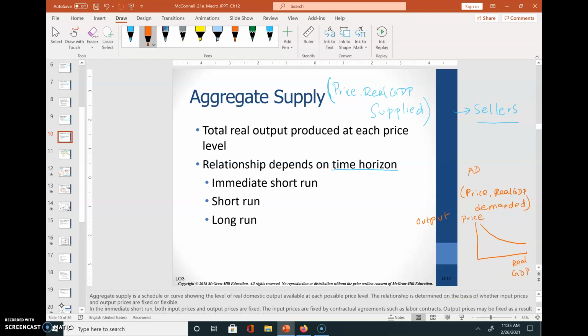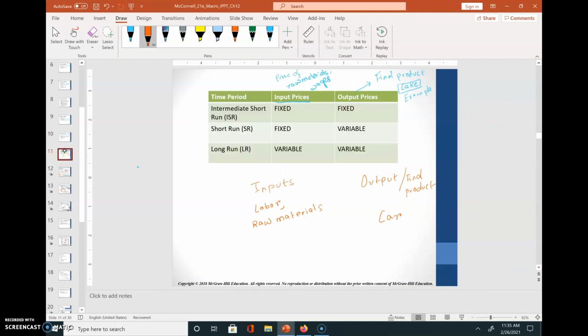Now the aggregate supply curve, the shape depends on the time horizon. In the intermediate short run, the input prices and output prices are fixed. In the short run, input prices are fixed but output prices are variable. In the long run, both input and output prices are variable.